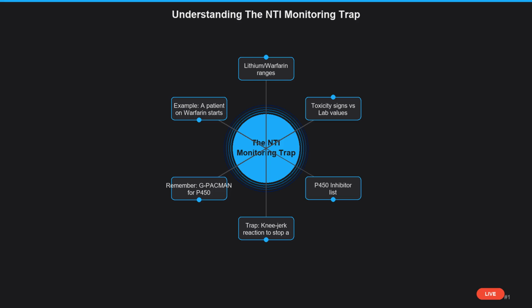Often, the answer is, repeat the test or check patient compliance. The thing nobody tells you is that lab errors happen more often in exam questions than you'd think. Use the mnemonic G-Pac-Man to remember the cytochrome P450 inhibitors that can kick these NTI drugs into the toxic zone. Grapefruit, protease inhibitors, azoles, cimetidine, macrolides, amiodarone, and non-DHP calcium channel blockers. Memorize that list, it's a guaranteed 3 points.